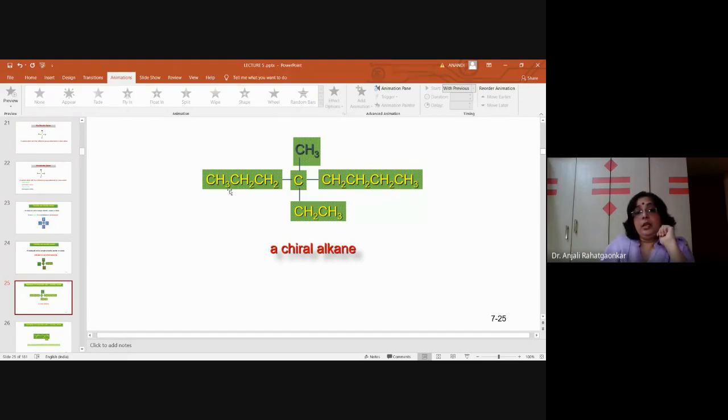Now here you can see that there is a big chain: 1, 2, 3, 4, 5, 6, 7, 8. It is an octane, and the other two groups are present over here. In such molecules, it is very difficult to find out how you can locate or identify that particular center. That center should be a tertiary center, please remember. This carbon is a tertiary carbon connected with a secondary carbon.